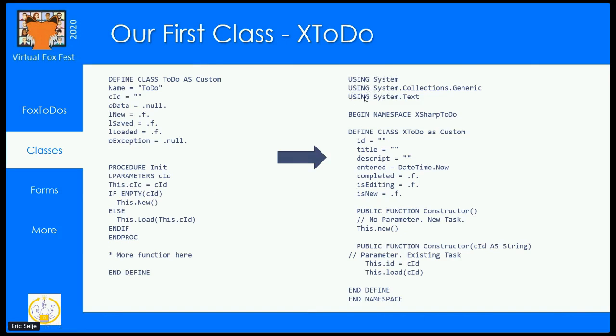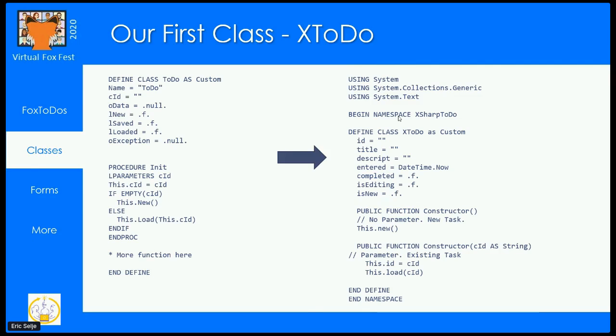Well, in .NET and thus XSharp, nothing comes with unless you tell it to come with. So I equate these using statements a lot like set class lib to or set procedure to. It's essentially saying I'm going to be using some stuff from these libraries. So let's reference those right here. We also get this thing called a namespace, which groups classes together into a common namespace.